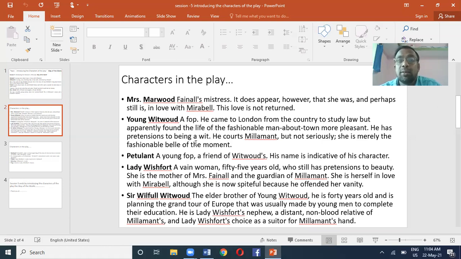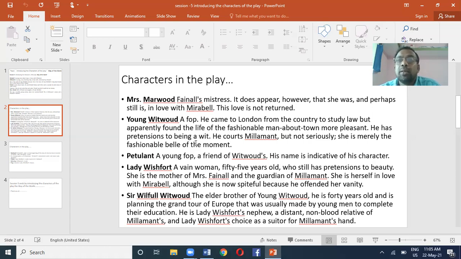You see the complications of love. Mrs. Marwood, Fainall's mistress, and Mirabel had a mistress who was Fainall's wife. Both had mistresses. It is complicated relations, you see.